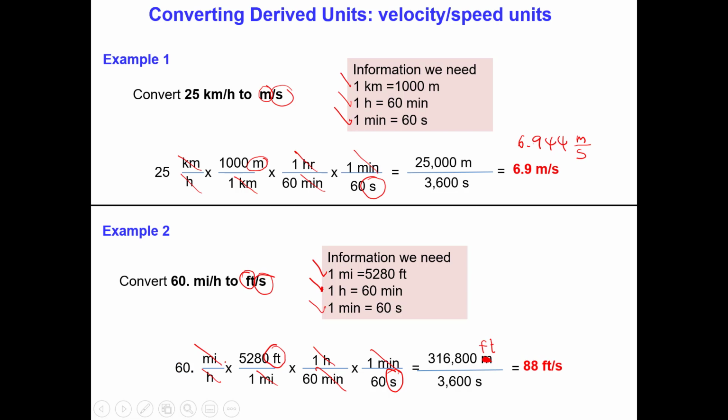Yes, 60 times 5,280 is 316,800 feet divided by 3,600 seconds. Yes. If we divide these two numbers, the answer will be 88 feet per second.